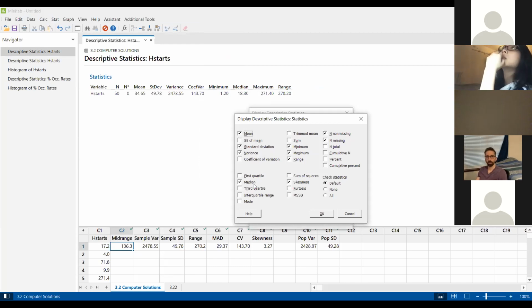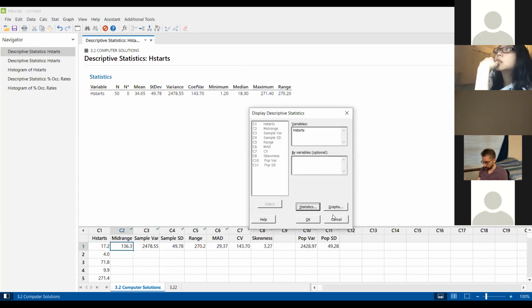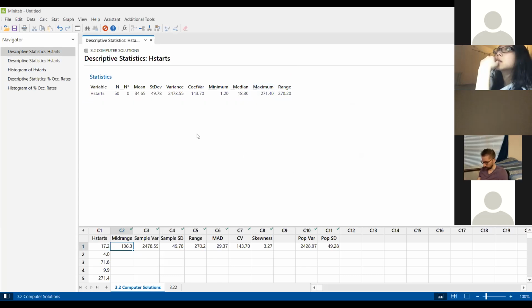I think I picked that. What else did I pick? Minimum, maximum, the range. It actually calculates the range for you. And the number of values in the data set. I think that's pretty much it. And then you click OK, and you end up with this.